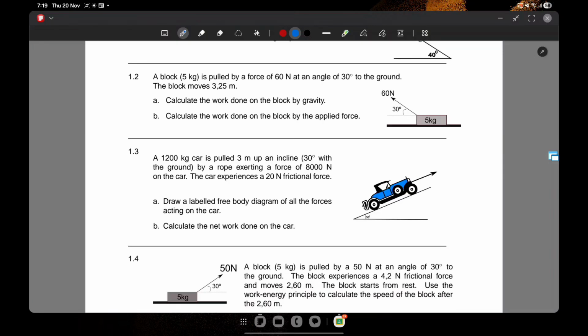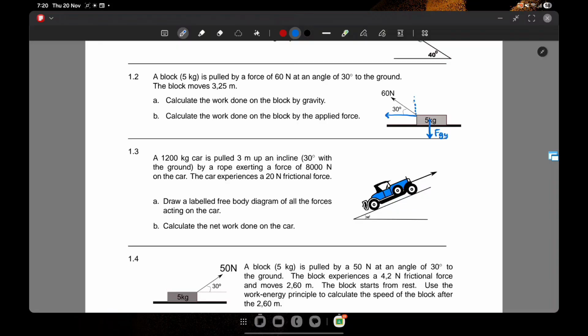This is similar to the second question. A block is pulled with 60 newtons of force, it's 5 kilograms, and it's at a 30-degree angle, and it moves 3.25 meters. What's the work done by gravity? There's no work being done, and here's why. This is the force of gravity. Now, this is different to the force that the box is being pulled by, 60 newtons.